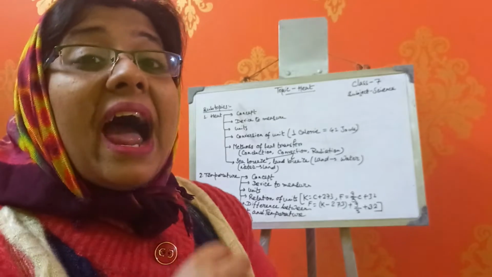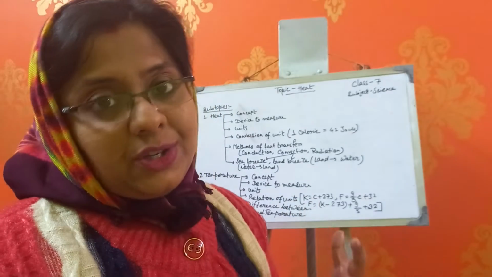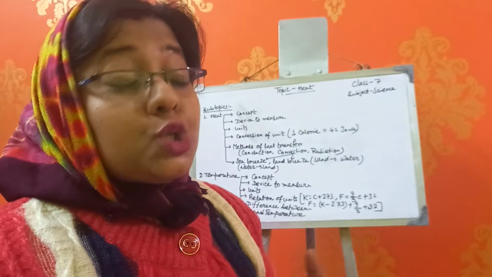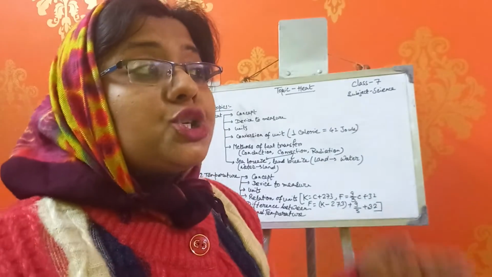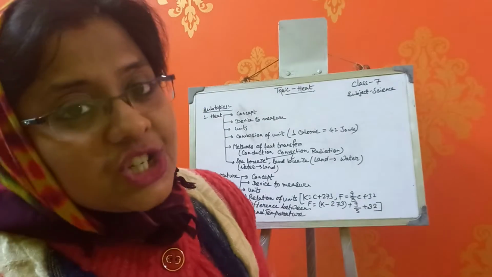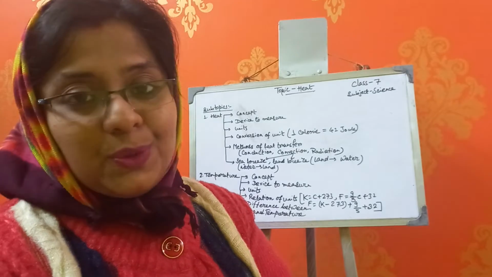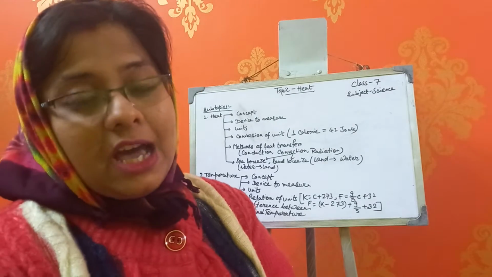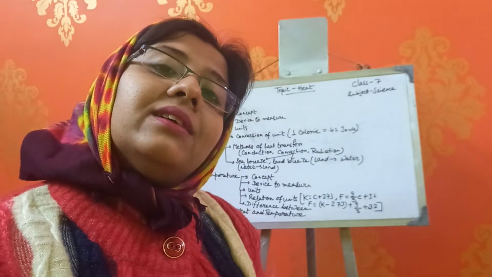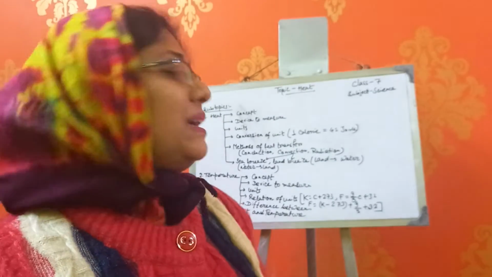So how to handle it? This is a very difficult question. To sort out this problem, nowadays we have digital. So in digital thermometer, we do not use the mercury thread. So easily we can get our body temperature definitely.